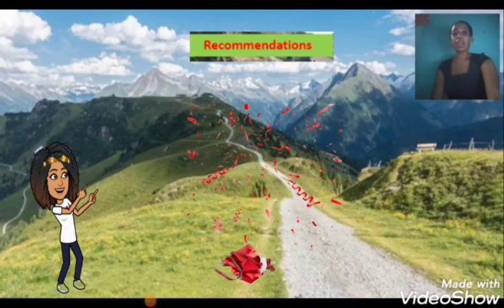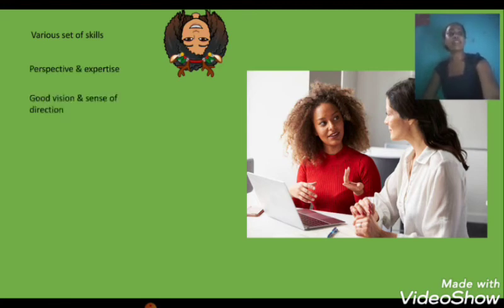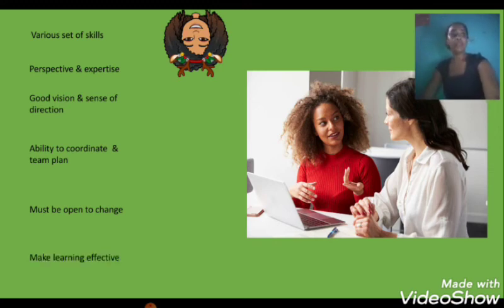Now we are going to talk about some recommendations for team teaching. For team teaching to work, the teachers should have a various set of skills, perspective, and experiences, expertise, vision, and sense of direction, ability to coordinate internally, and excellent team planning. Teachers and students must be open to change and must embrace this new form of learning.